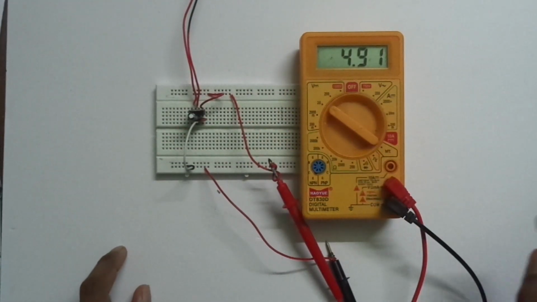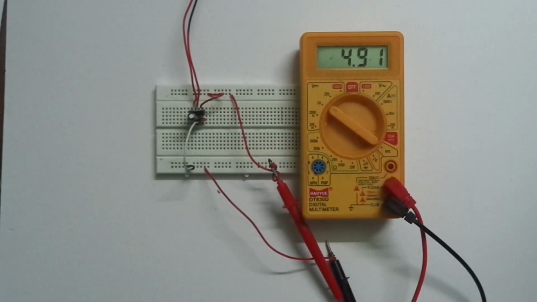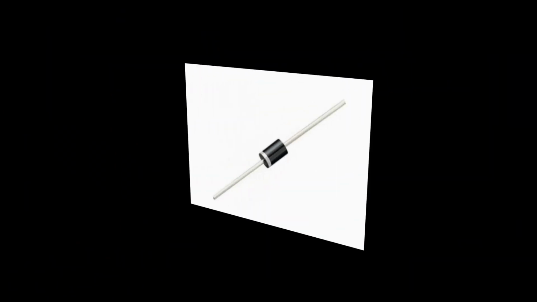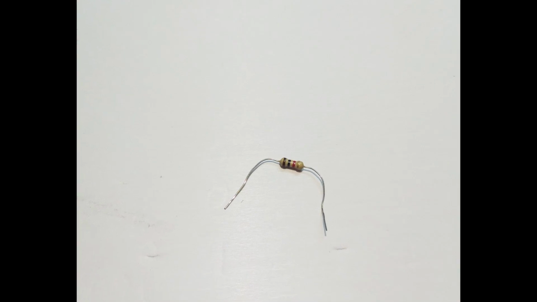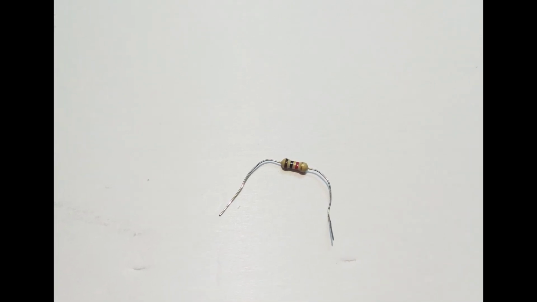Now our power source is giving us approximately a 5-volt supply, and the cut-in voltage of the diode is 0.6 volt. So we have to choose a resistor so that overcurrent does not destroy our diode. How will we choose it?